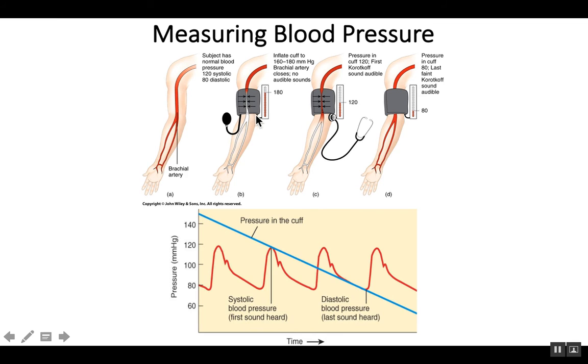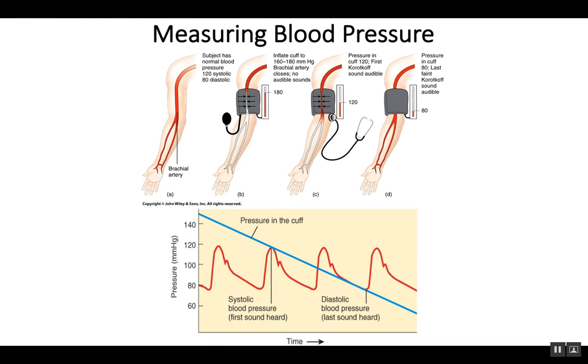So there's different panels here we're going to walk through. First panel is an artery. It's the brachial artery. You don't have the sphygmomanometer on it, and blood is flowing freely through that artery. If we were to put that stethoscope and listen, we wouldn't hear anything. You do not hear blood flow in an artery that is wide open.